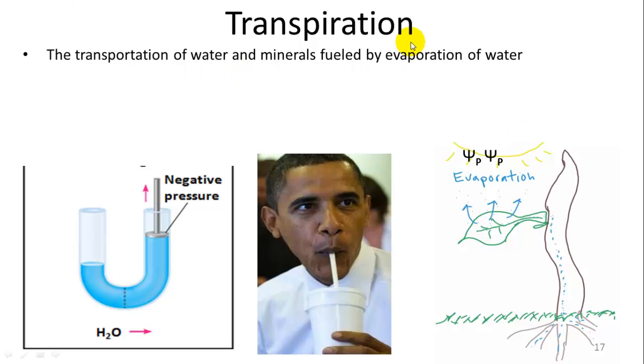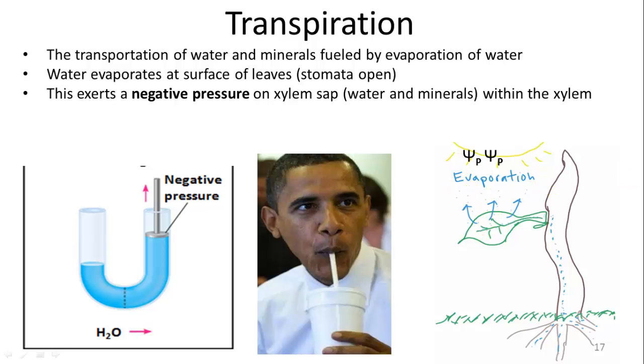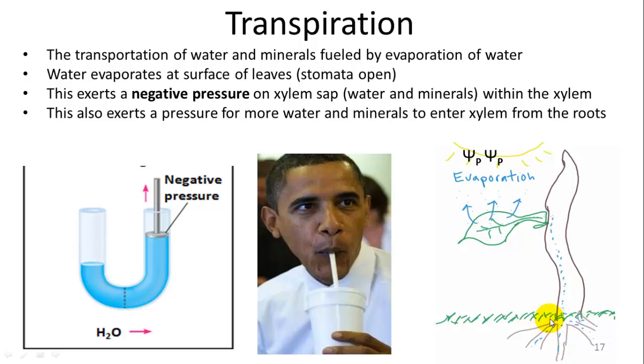All right, so transpiration, sometimes called evapotranspiration, is the use of evaporation to move water through the plant. And this is, like our example before, an example of negative pressure. At the surface of the plant, you have evaporation occurring, and evaporation pulls water out of the plant. That creates negative pressure on the xylem in the leaves, and that negative pressure pulls water through the xylem, which is one continuous tube, all the way down through the roots.